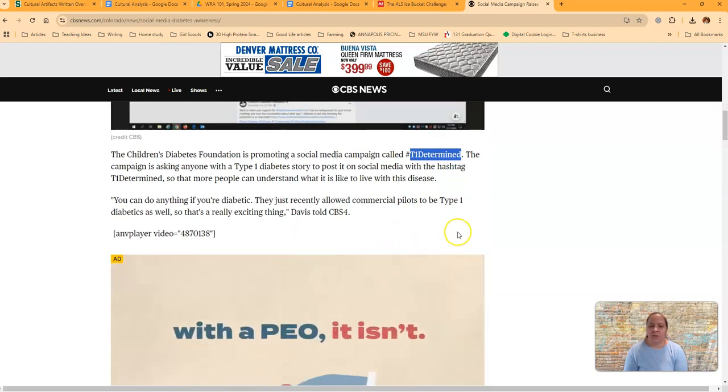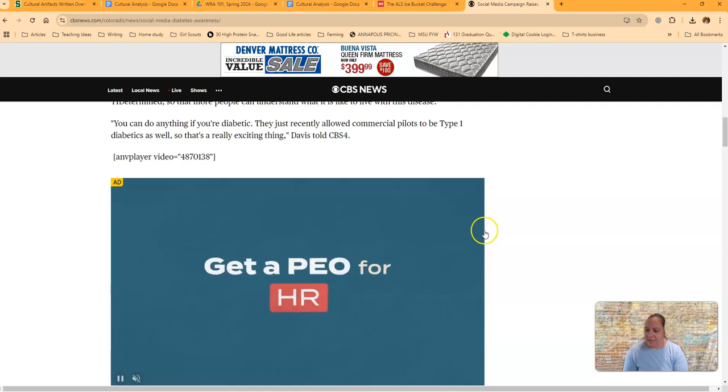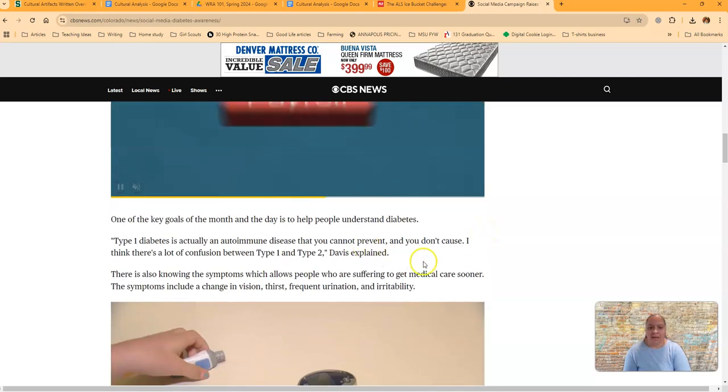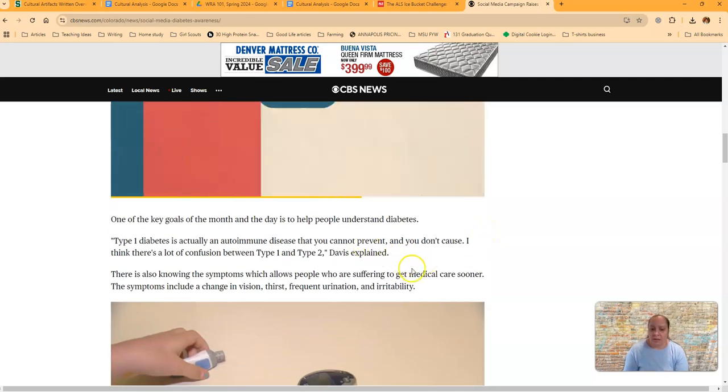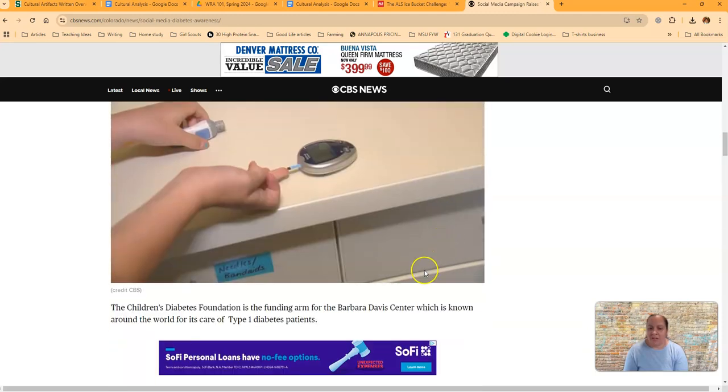So just another example of a fairly easy social media type campaign that was meant to spread particular knowledge and information about this disease with people who may not be aware.